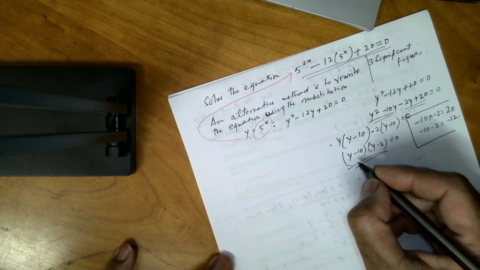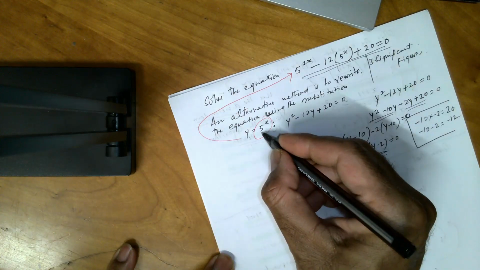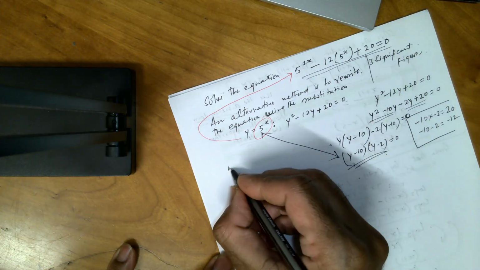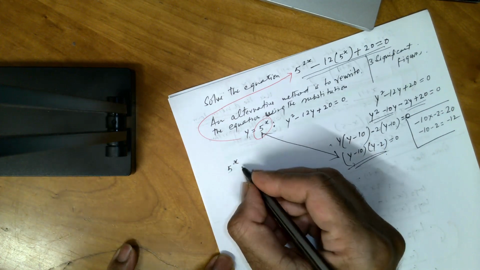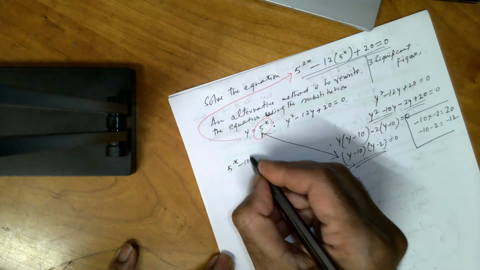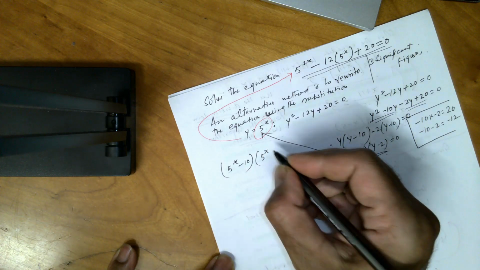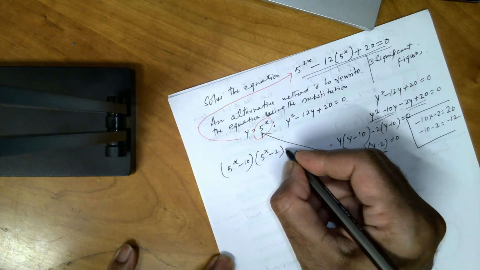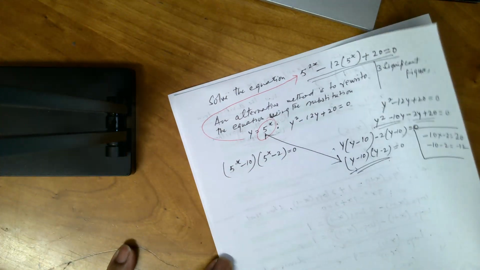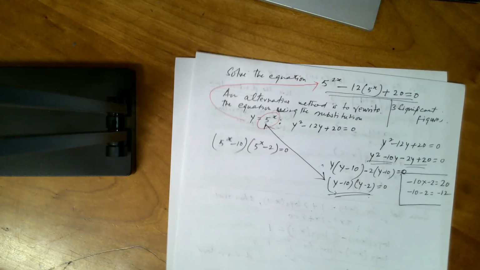So we have 5 to the power x minus 10, and then 5 to the power x again, because that was your y, minus 2, and that is equal to 0. I hope it's clear so far. Once we have this, it's pretty simple.